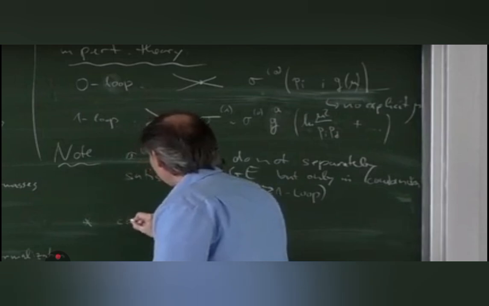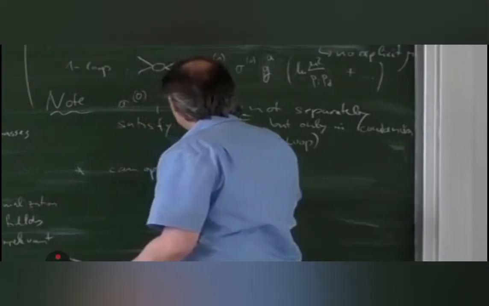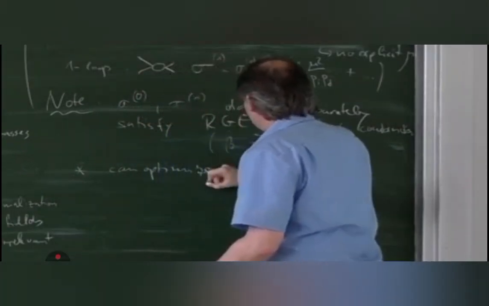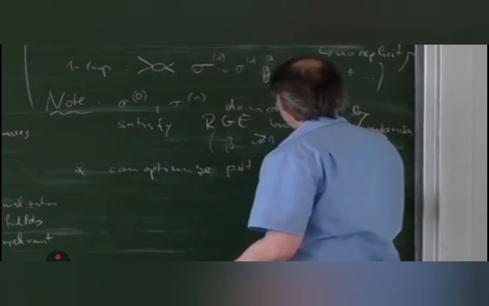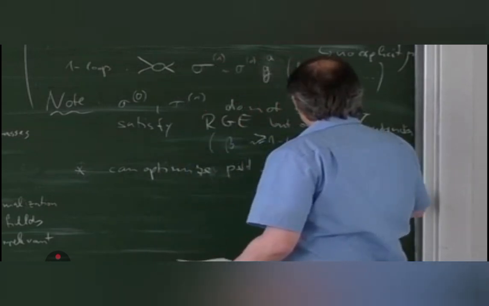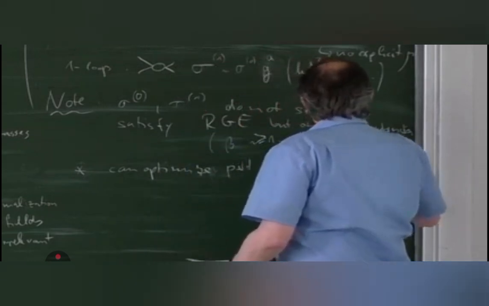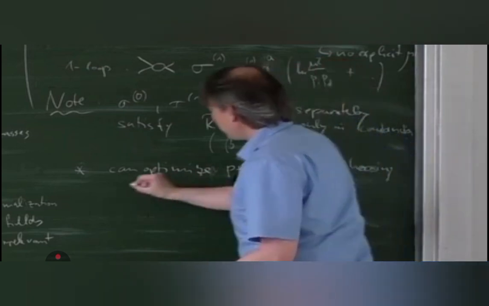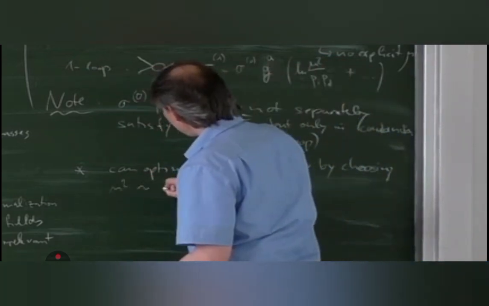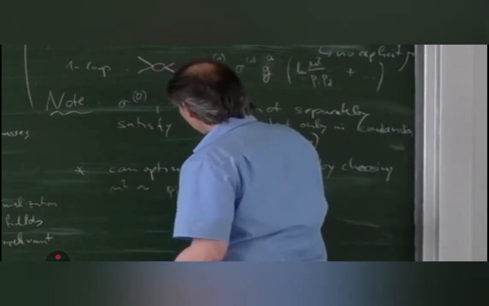We can optimize perturbation theory by choosing mu square similar to all the products of momenta.